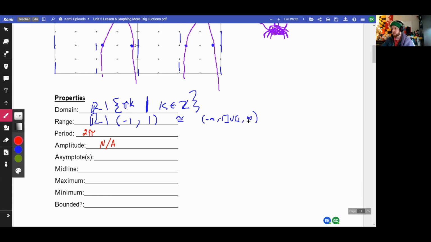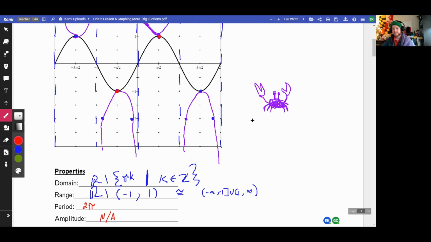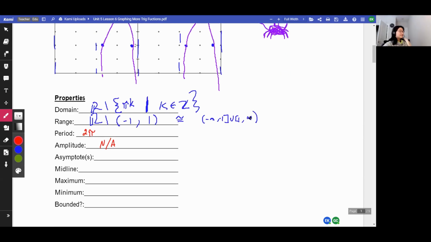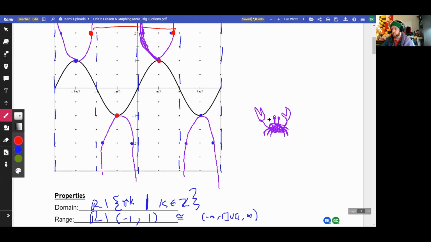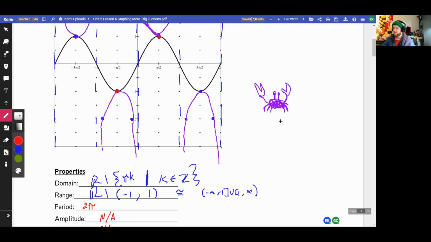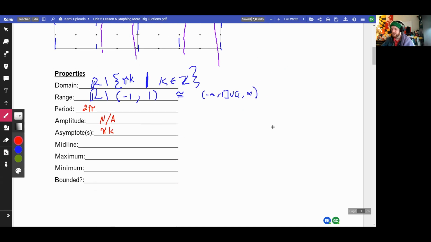We do have asymptotes, though. We've established those. Pi k. That's what we removed. Midline. I think we do have a midline here. The distance between the max and the min divided by 2 doesn't really make sense here, so let's go ahead and say y equals 0. Every explanation might be a little bit different depending on definition.